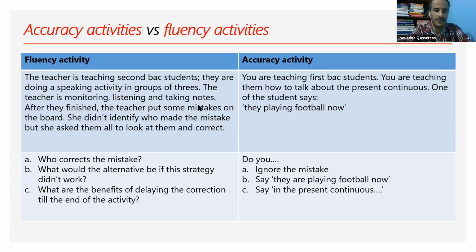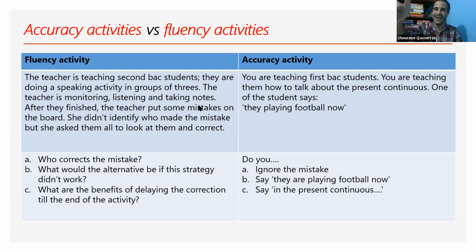Okay, wonderful. So number one, it is an accuracy-based activity. I don't think it's going to be a good idea to ignore the mistake because it's very important. So maybe B or C, but I would go for C. Why C? Because you are encouraging self-correction.